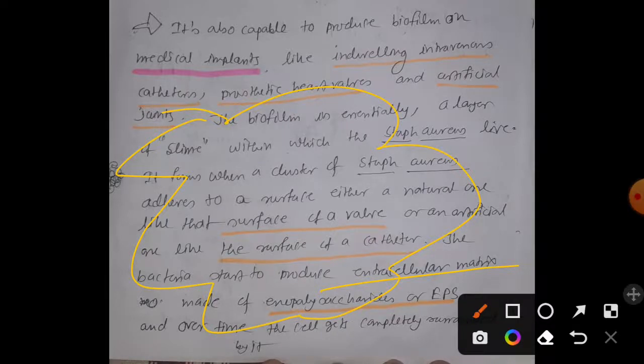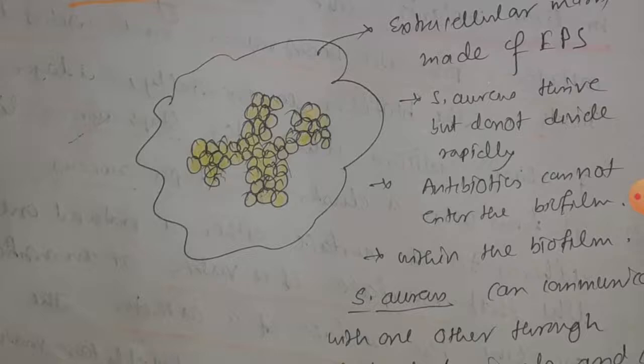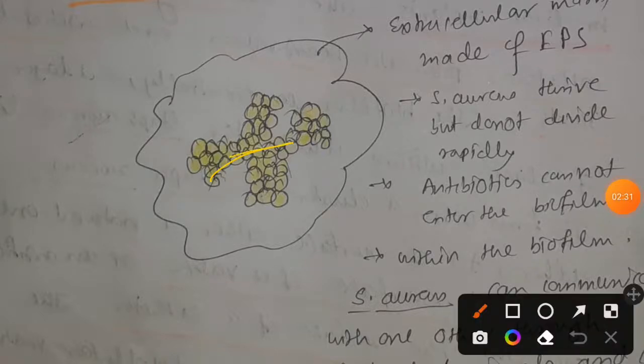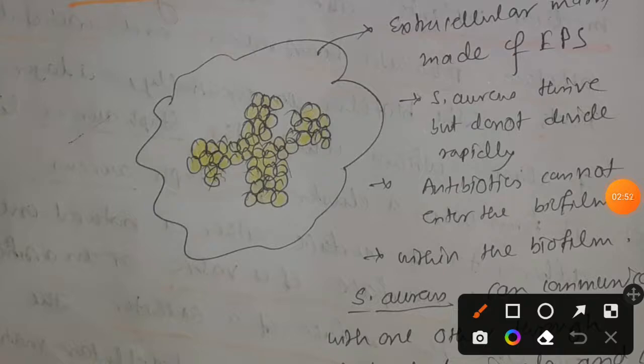The bacteria covered by this extracellular matrix made up of EPS can communicate between themselves via biochemical signaling, or they can even swap genetic materials among themselves.